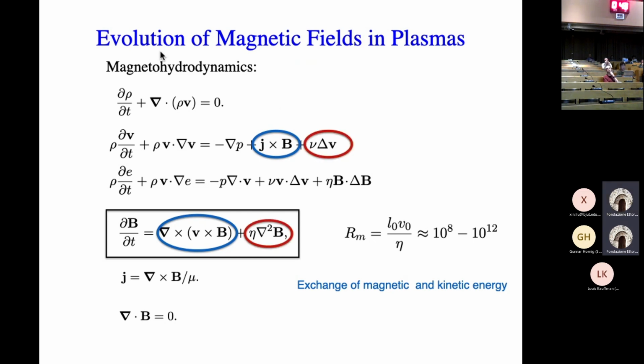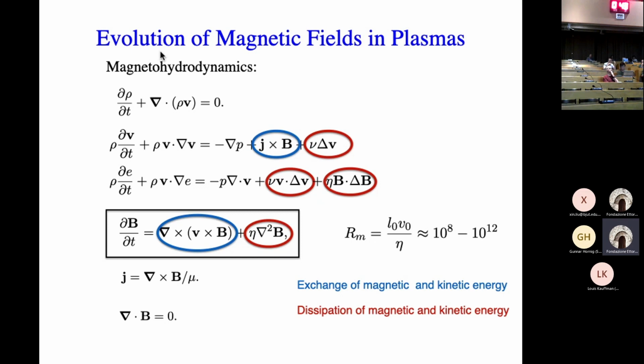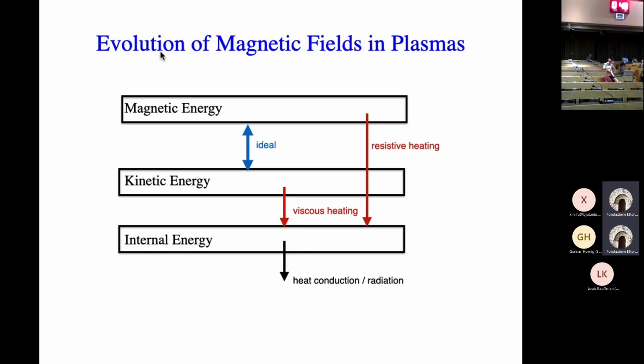We have two dissipative terms here, the viscosity and the resistive term, and they eventually show up in the equation for the energy density as source terms. So there's energy transferred from kinetic to internal energy and also from magnetic to internal energy. If you want to describe things in very rough terms, we have three types of energy here: magnetic, kinetic, and internal energy.